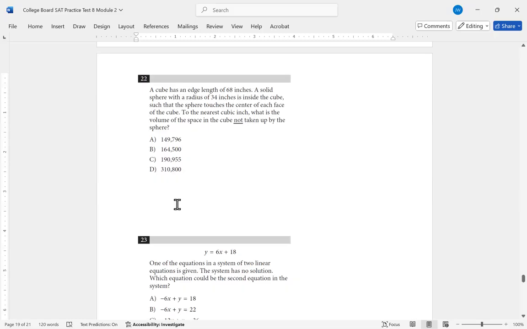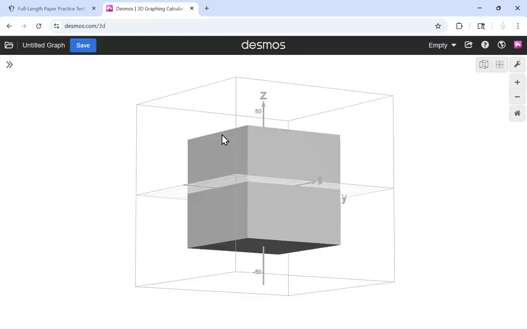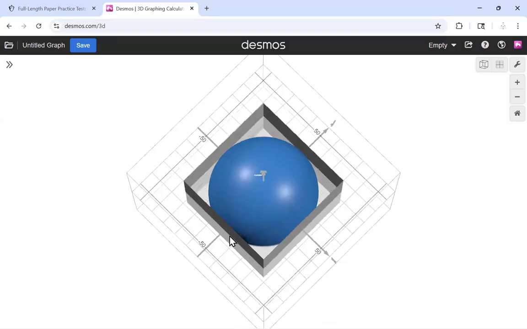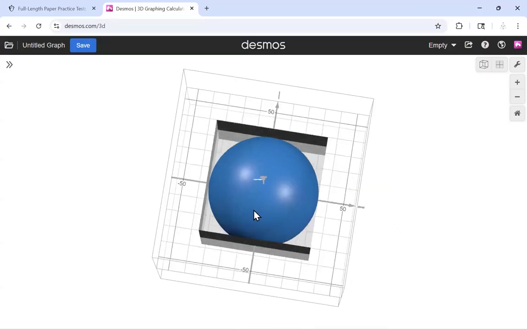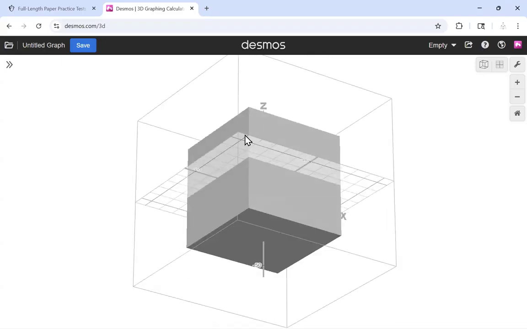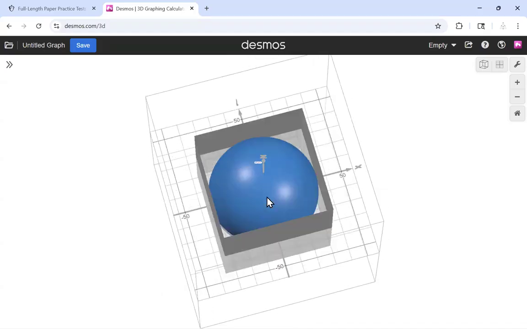Just for this once, I'll give a visual on a graphing device here, but you probably can visualize it without me telling you or showing you. But I'll go ahead and do that anyways. So here's my visual. Now I've drawn the box with the top open so you can see inside of it. Essentially we have a sphere inside of a box, and all of the side lengths of this box are exactly what was described.